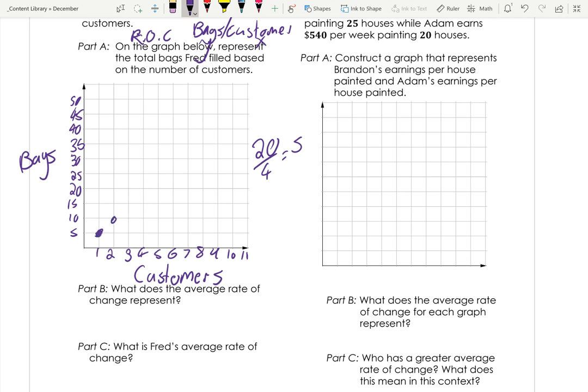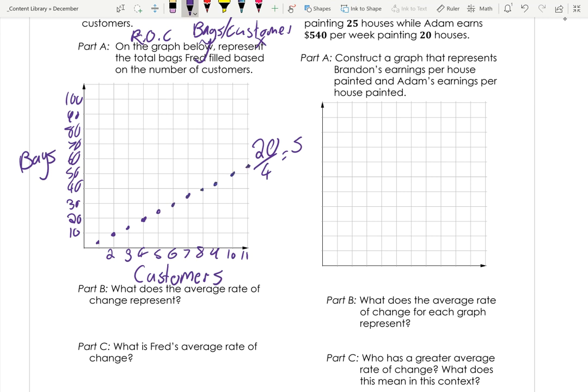Then it'll look similar. It kind of depends on your axis. Because if I go by 10s again, 10, 20, 30 up to 100, one customer would be 5, 2 would be 10, 3 would be 15, 4 would be 20. So it might look a little different.